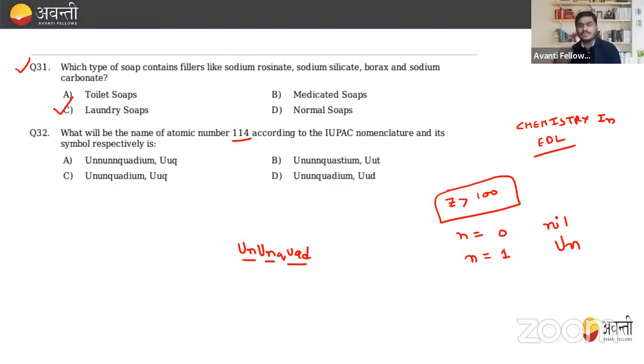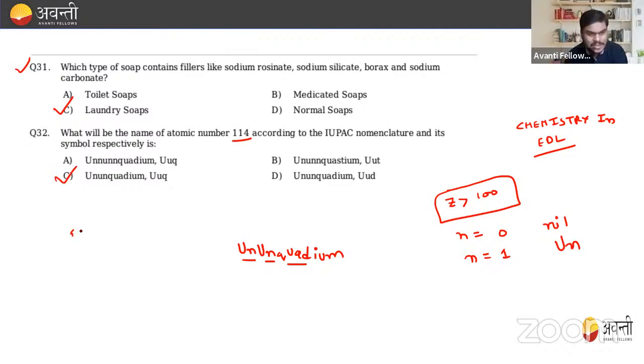And after every name, at the end we use ium. So the correct name becomes unquadium. Out of these four, beta, which option is correct? A, B, C, D. Yes, that is C. So C is absolutely the correct answer for this question.